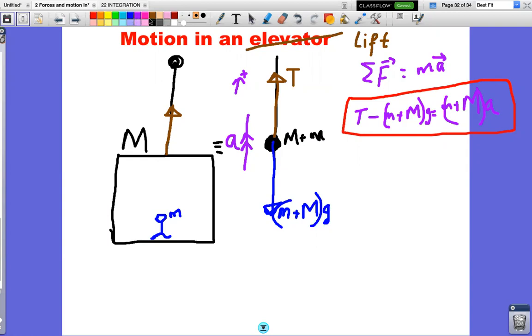Now, if in this case the lift is accelerating upwards, moving upwards and increasing speed, you have this equation. This equation also holds if the lift is moving upwards and is decelerating.